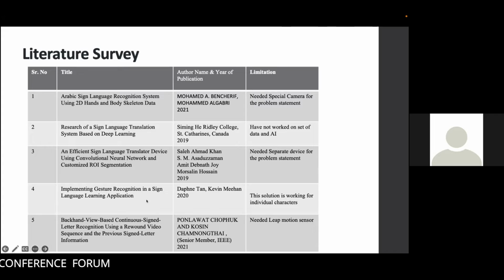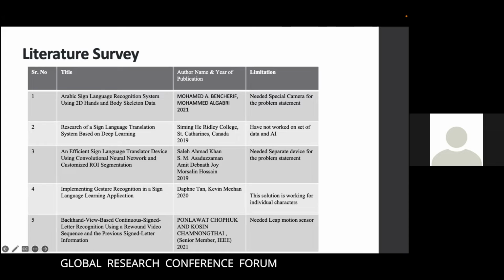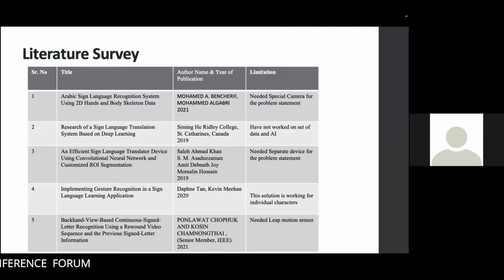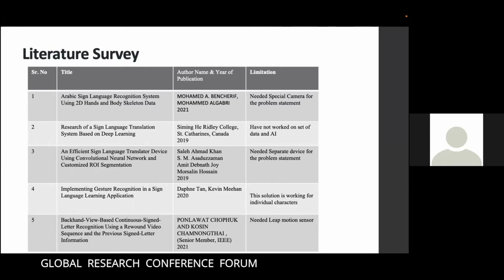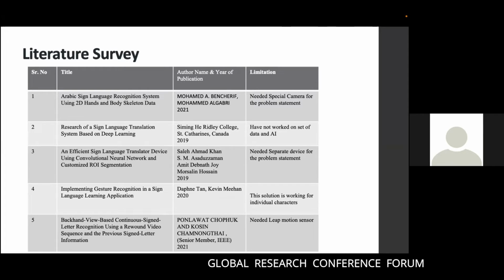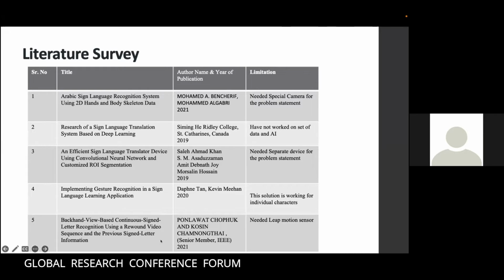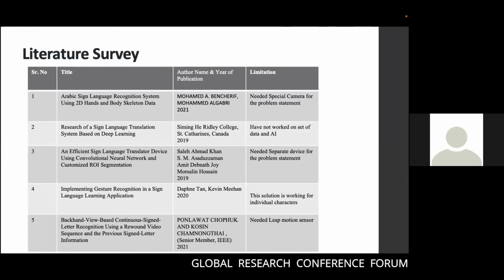And in the application. So the last one I have is the backward view based continuous sign letter recognition using a rewound video sequence and the previous sign letter information. So this one was a good one. They have worked on the previous letters, and also use what were the previous letters and what could be the next letter, to guess that one.